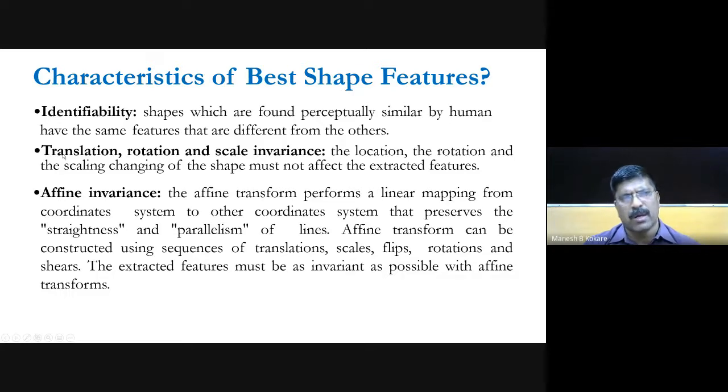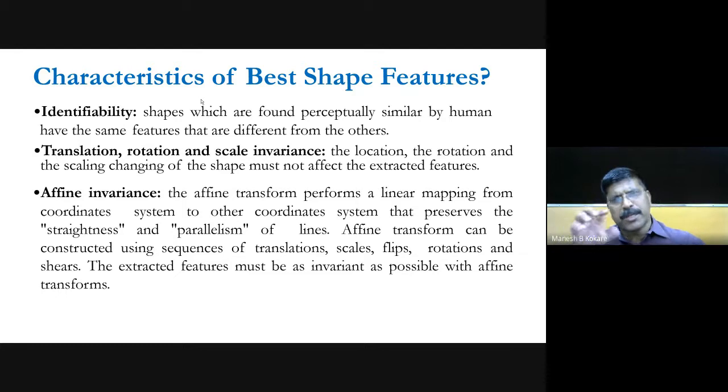Then the second thing is that your technique should be translation, rotation, and scale invariant to achieve good shape recognition or shape representation. The location, rotation, and scaling changes of the shape must not affect the extracted features. Whether that object is rotated in this angle or that angle, your shape feature should be the same.